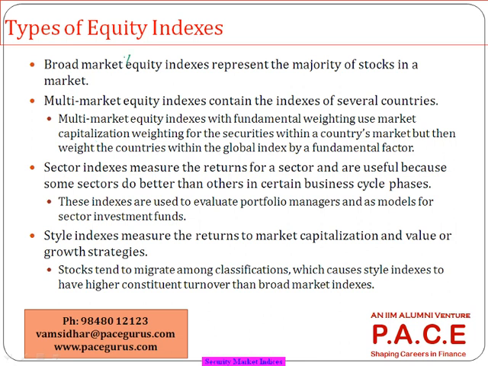There could be something apart from Sensex and Nifty, which are typically the most common indexes. We can also see multi-market equity indexes, like across the world, probably some countries and some securities from each of the countries.